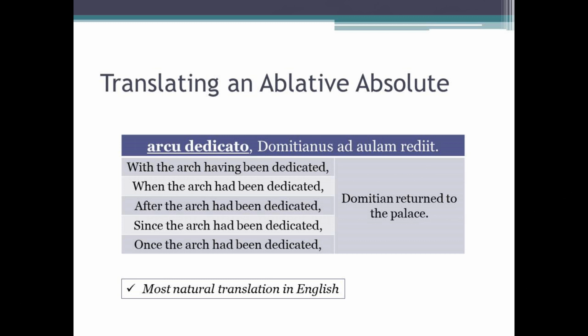The ablative absolute phrase is arcu dedicato. Arcu is your noun in the ablative case, and dedicato is your participle, which is also in the ablative. As you can see, there's a plethora of ways to translate. It's just important to go for the one that sounds most natural in English, but they're all grammatically correct.